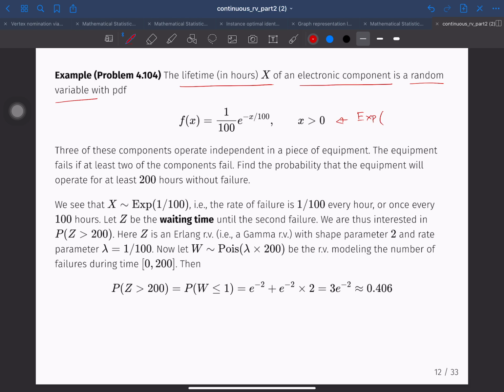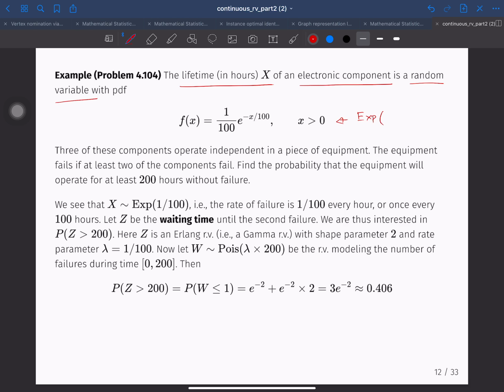Now suppose that I have 3 of these components, and that these 3 components operate independently in a piece of equipment, and that the equipment fails if at least 2 of the components fail. Find the probability that the equipment will operate for at least 200 hours without failure.